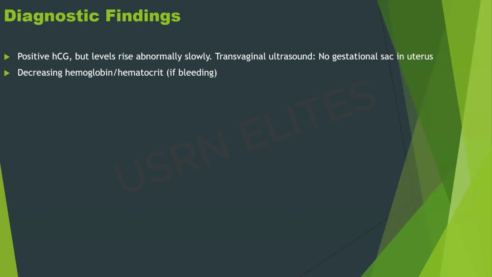Yes, starting with abdominal severe pain, referring to the shoulders. So once the patient is having these symptoms, then you can request for hemoglobin and hematocrit. And that's where you are going to see that there's a decrease in these labs.